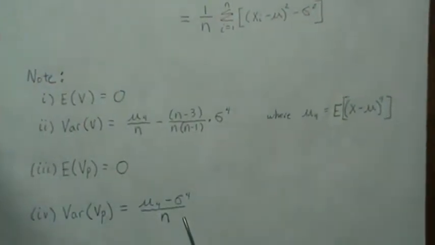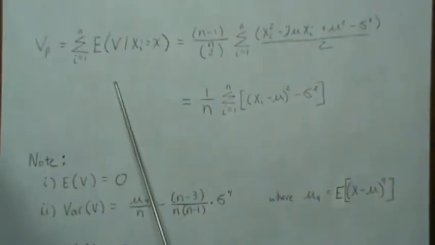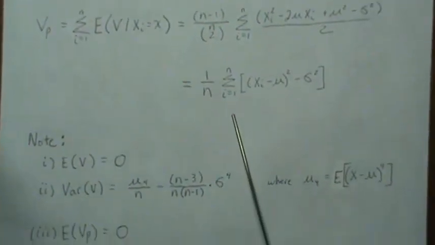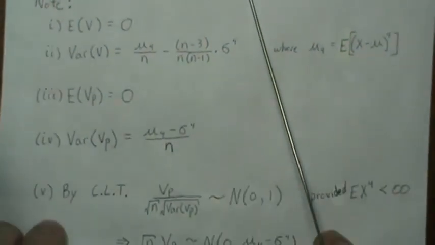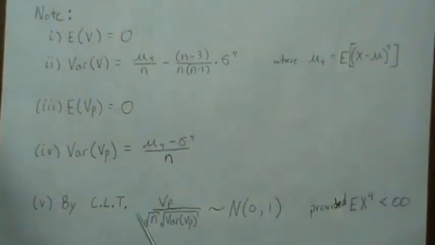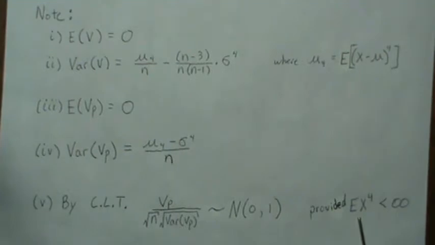So now, because VP is the sum of independent random variables, by the central limit theorem we conclude that VP minus its mean, which is 0, times the square root of n, divided by the standard deviation, is asymptotically normal 0, 1. And of course, this is provided that the fourth moment is finite.